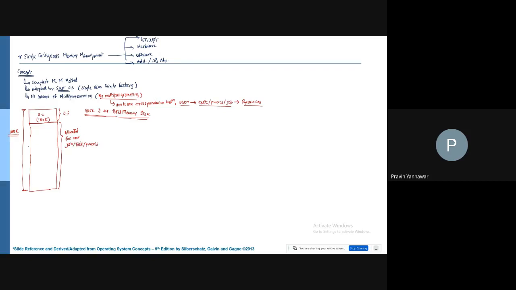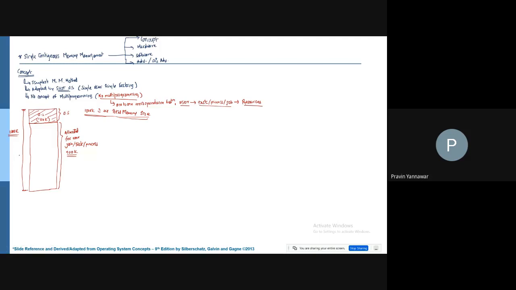Okay, so this is allocated for user, job, task, and process. So out of this 1000K, 100K is allocated for the operating system, which means that this 900K is allocated for user space.